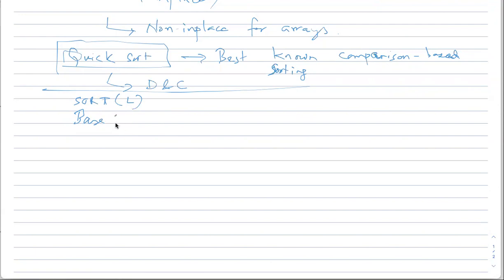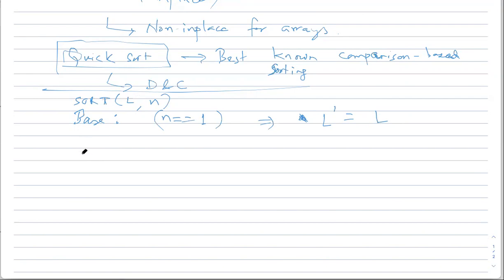The base case would be if you have only one element, then the sorted list is simply the list itself, which is only one element. So this is the base case.